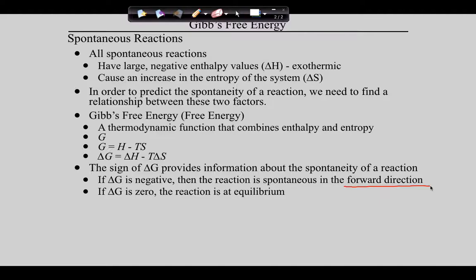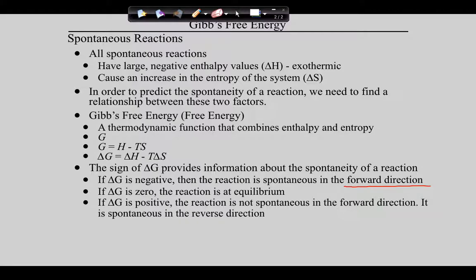But you know what it could mean? It goes the other way on its own. Because what happens if we flip a reaction around? We change the sign of the energy and the entropy changes. So guys, if delta G is positive, the reaction is not spontaneous in the forward direction, but it could just be that the reaction's going the other way.